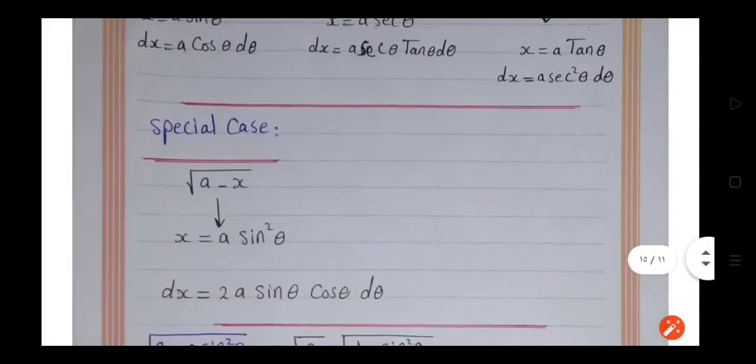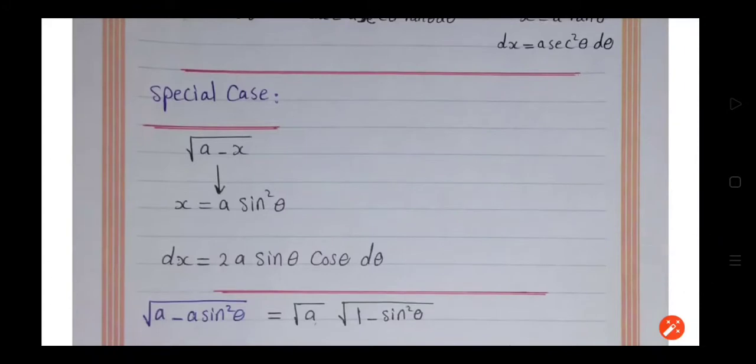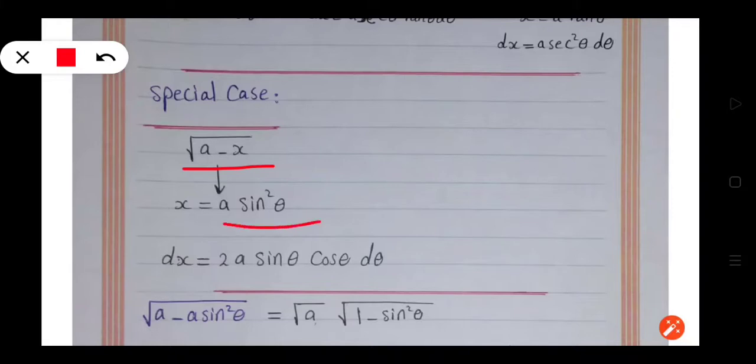But if the root has a constant minus a variable, but x of the first degree, so we put sine squared.